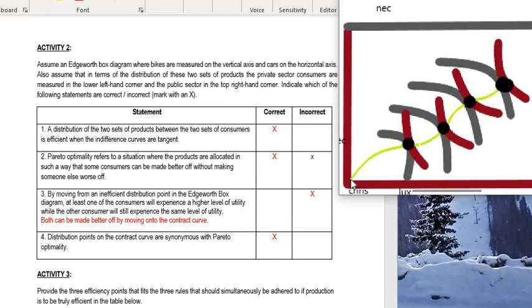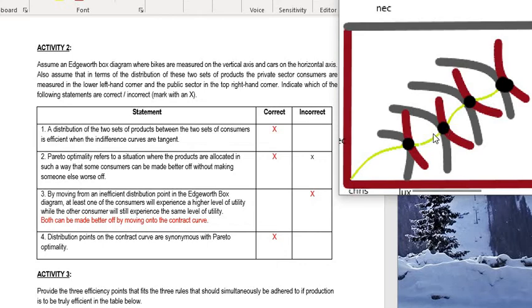So at every single point on this curve here, remember I said you have the most efficient and optimal allocation of resources, and that's why it's all the same. Pareto optimality means that you have the best allocation, and you can't move from that point without making someone else worse off.